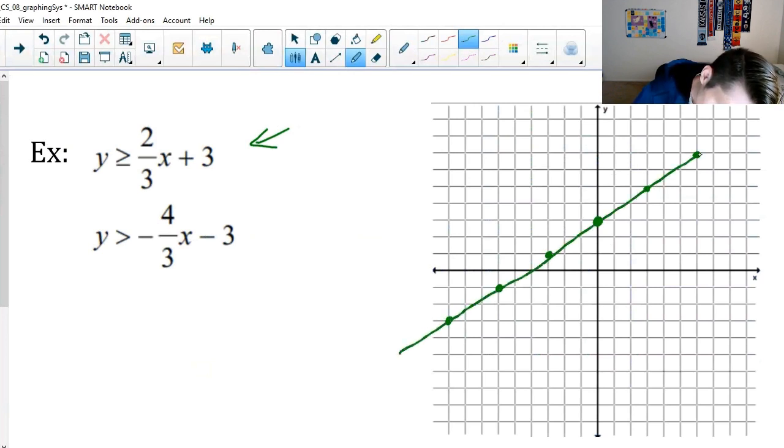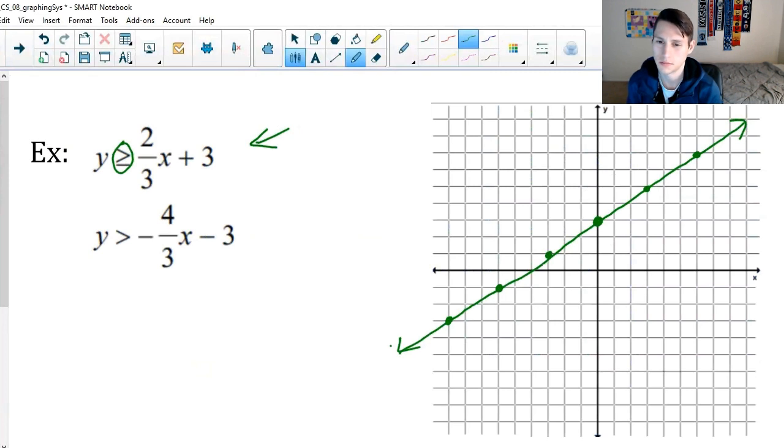And I'm drawing a solid line because it's or equal to. And usually if we were just drawing this, I would want to shade. So we would say greater than, so I would shade above that line. But I'm going to wait, since this is a system, I don't want to shade just yet. I'm going to wait to shade at the end.